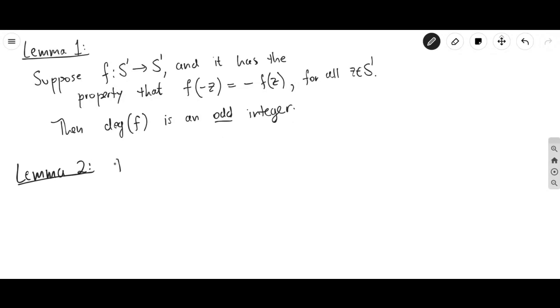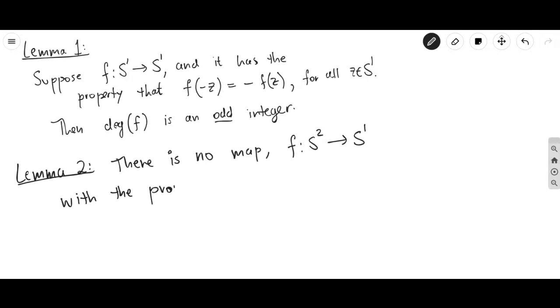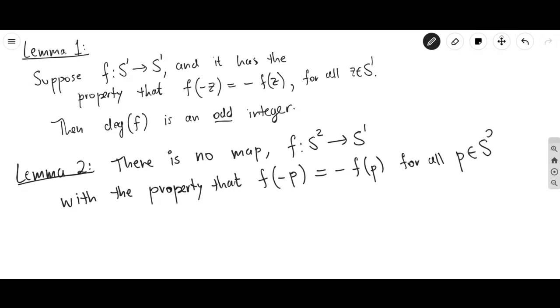Lemma 2 says that there is no map f from the two-dimensional sphere to the one-dimensional sphere with the property that f of minus p is equal to minus f of p for all p on S2, the two-dimensional sphere.